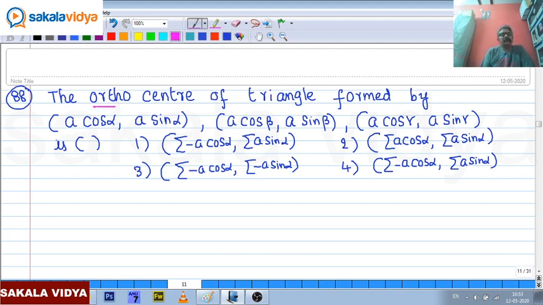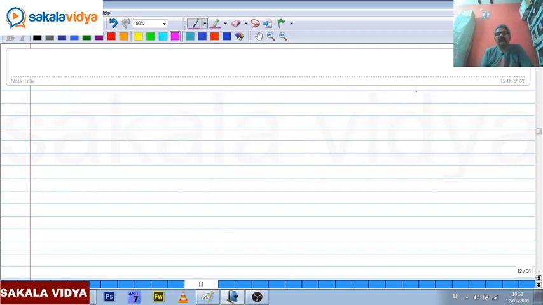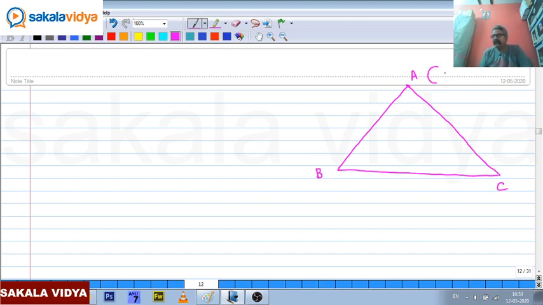See, the orthocenter of the triangle formed by a cos alpha comma a sin alpha, a cos beta comma a sin beta, a cos gamma comma a sin gamma. So that means you take a triangle. This is A, this is B, this is C. These coordinates are a cos alpha comma a sin alpha.